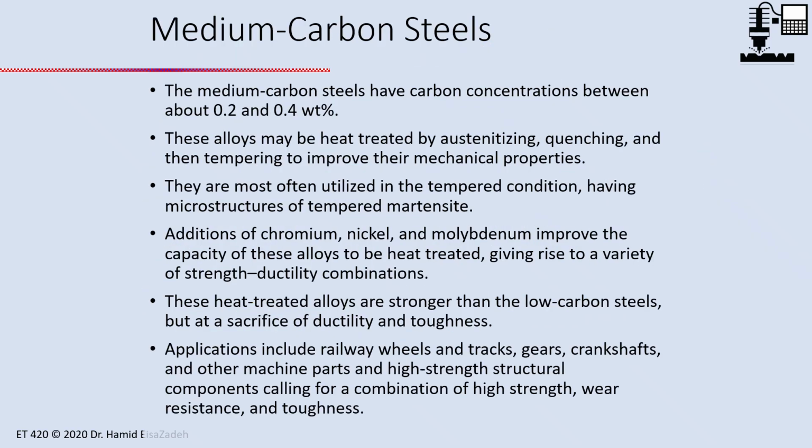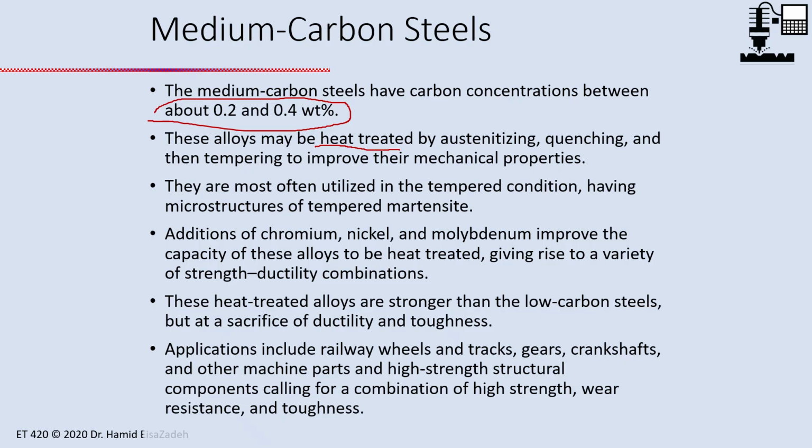Another group of carbon steel is the medium carbon steel, where we have carbon between 0.2 and 0.4 weight%. These alloys can be heat treated. We have various types of heat treatment, but the general idea is to quench the steel in order to have higher strength by making the grains smaller, or having more martensite in the material.